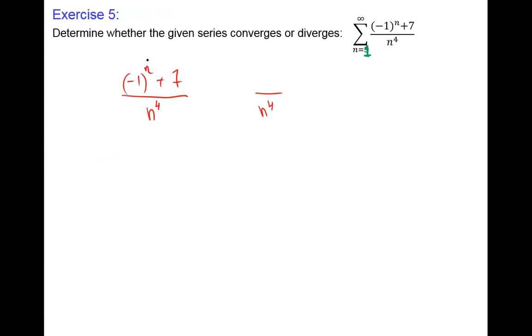I was going to write something because this quantity could be positive or negative 1. That means my numerator only changes between 6 and 8. 7 plus 1, 7 minus 1.